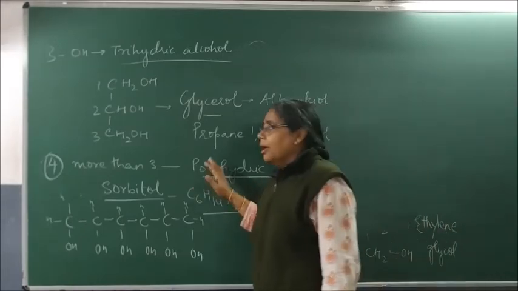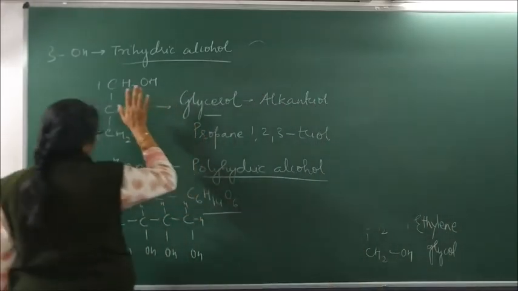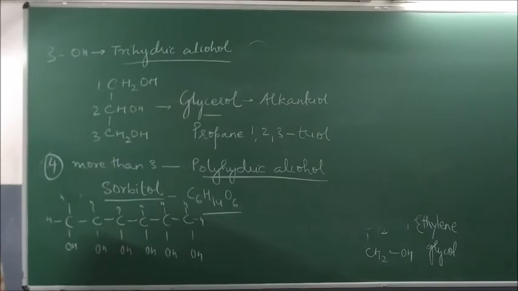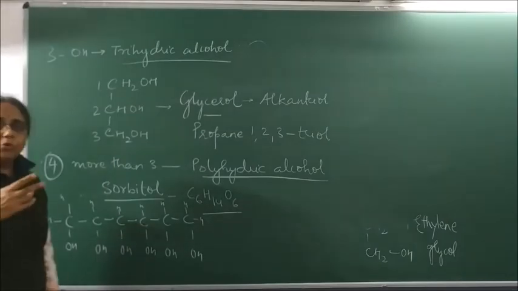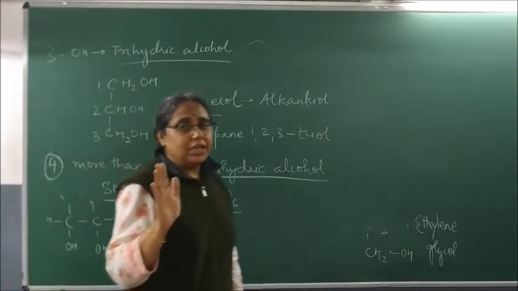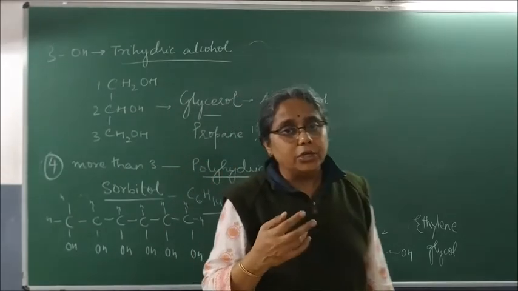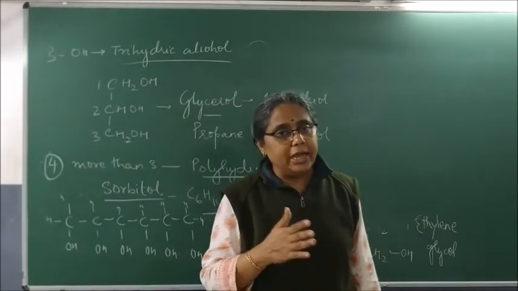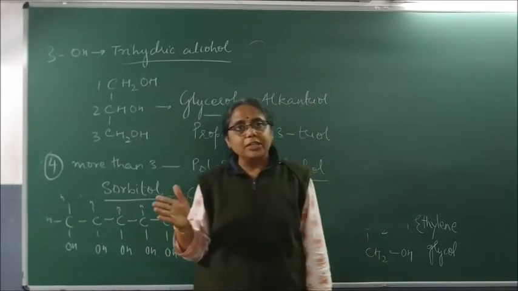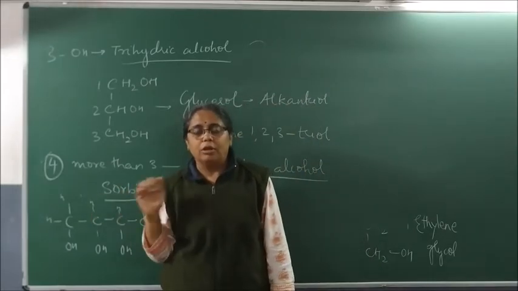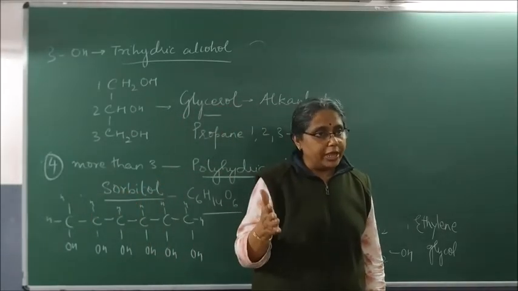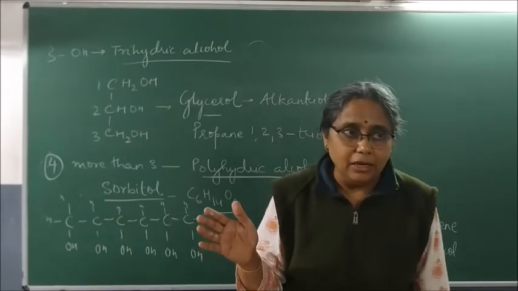So classification of alcohol is clear. If there is one OH group, it is called monohydric alcohol, and in IUPAC, alkanol. If there are two OH groups, it is called dihydric alcohol, and in IUPAC, alkane diol. If there are three OH groups, trihydric alcohol, alkane triol.